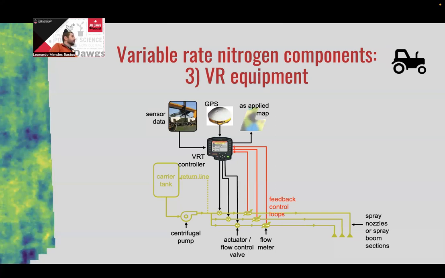Maybe we can do all the calculation for that, but when it comes to actually applying it, can our equipment handle that change from meter to meter, especially as it's moving at a given speed? Probably meter to meter would be too fine a resolution for the equipment to adjust a rate that is changing so often. So that's something we have to keep in mind, but I just wanted to bring that up.